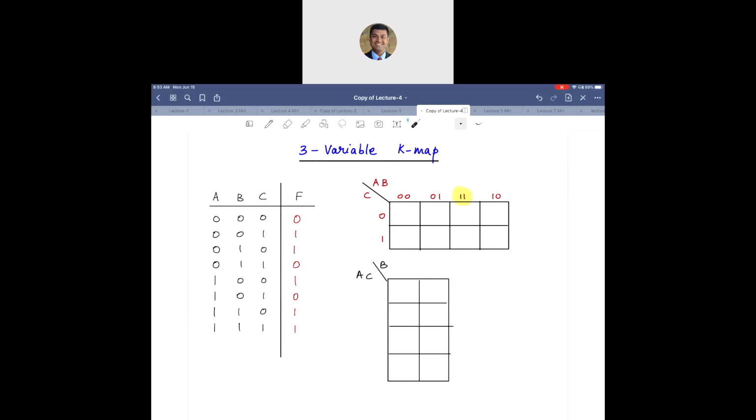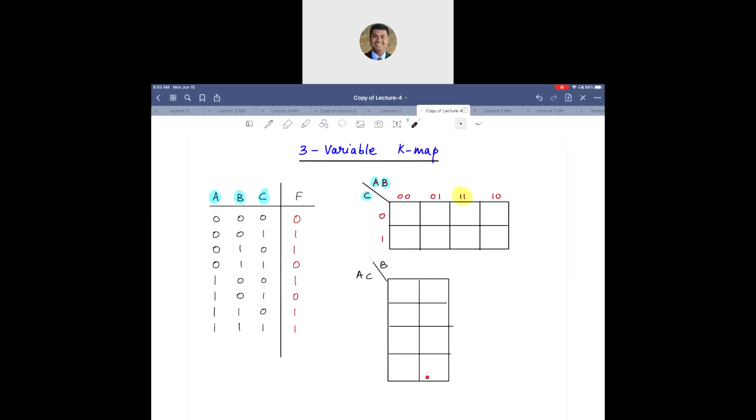And my convenience is also A followed by B followed by C. That allows me to get a pattern out of this, and I will show you what that pattern is.